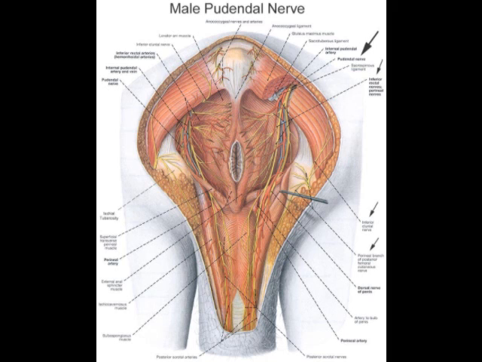And when it goes to that part, it's called the deep perineal nerve. But deep actually means it goes to the muscle. Let's see what else. There's also the dorsal nerve of the penis on the right side, you can see.